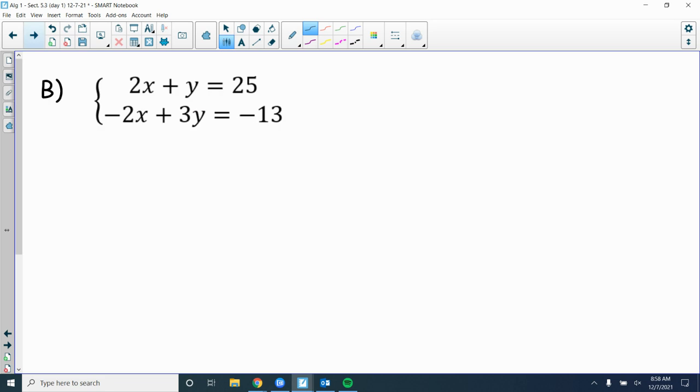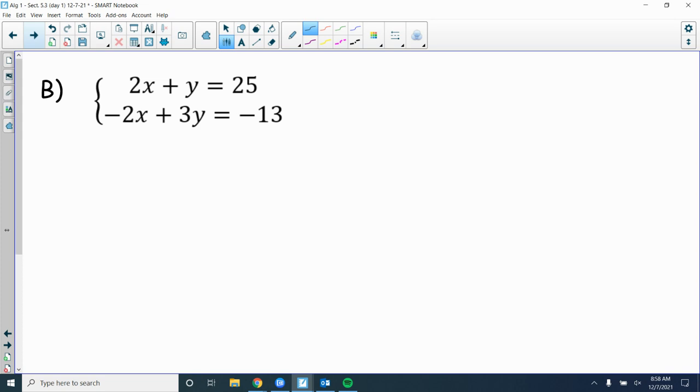All right, look at B. Look at that carefully. If you add those together, will something add up to 0? Will something eliminate? 2x. And what's it add up to?